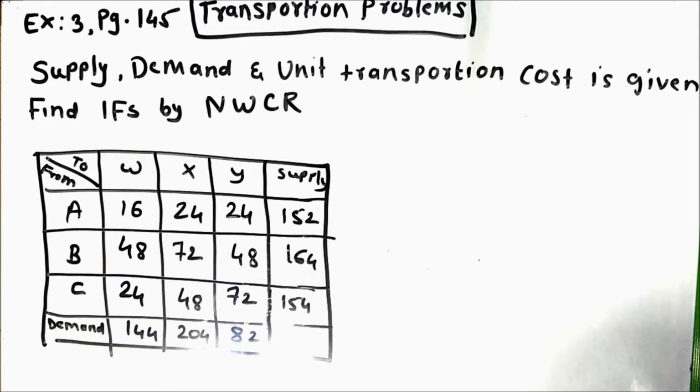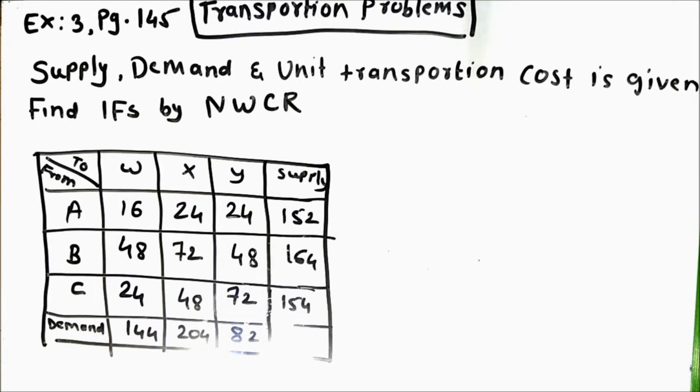Supply and demand and unit transportation cost are given. Find the initial feasible solution by the Northwest Corner Rule method. So here in this question, transportation cost is mentioned. As I mentioned in the earlier session, if the words cost, distance and time are mentioned, then the problem will be of minimization.